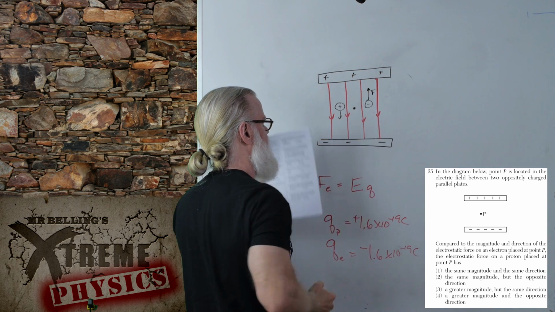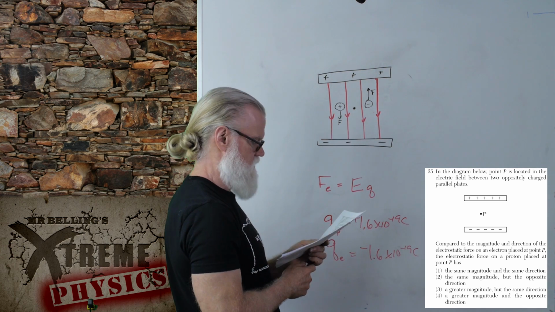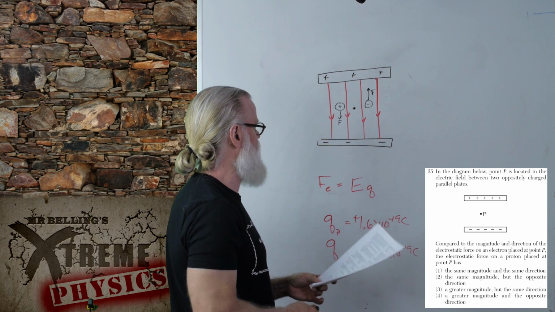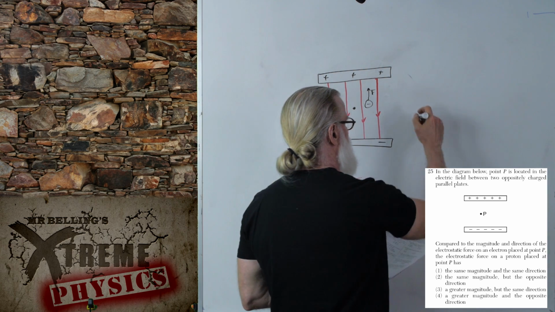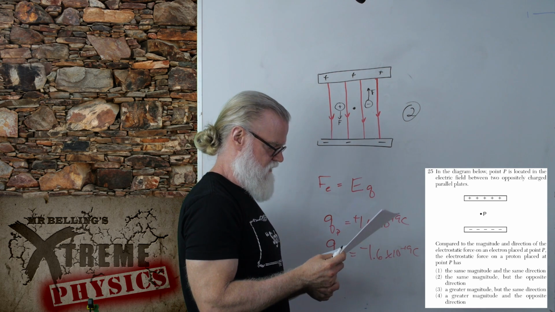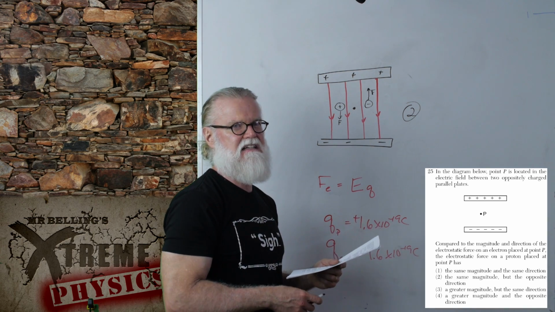The forces will be equal in magnitude, opposite in direction. So there we go. What answer is that? Same magnitude, but the opposite direction. That's choice 2. What else did they say? A greater magnitude, but the same direction. Okay. But nonsense. Nonsense, I tell you.